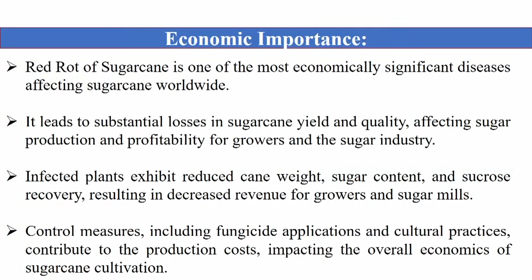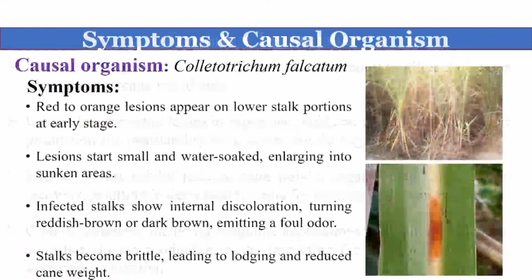It decreases revenue generation for farmers as well as sugarcane mills. Control measures including fungicide application and cultural practices contribute to the production cost, impacting the overall economics of sugarcane cultivation.